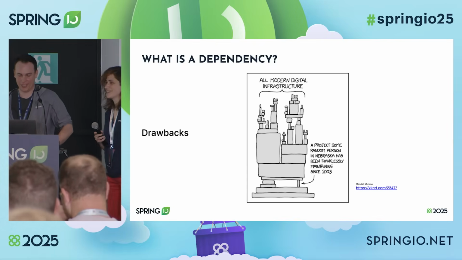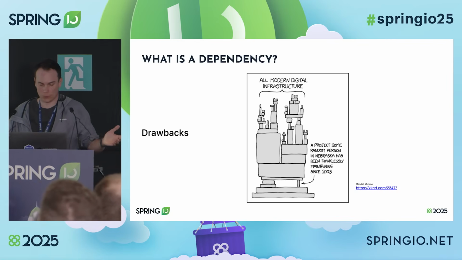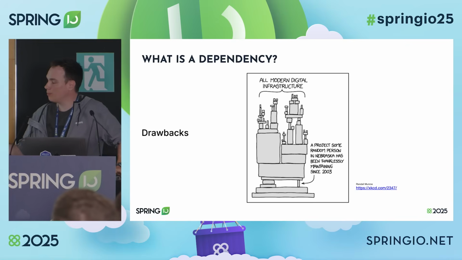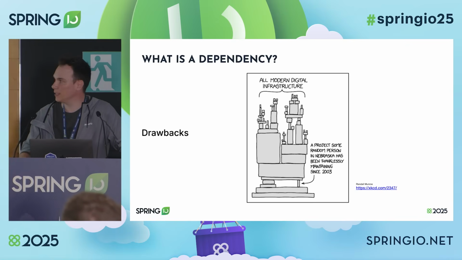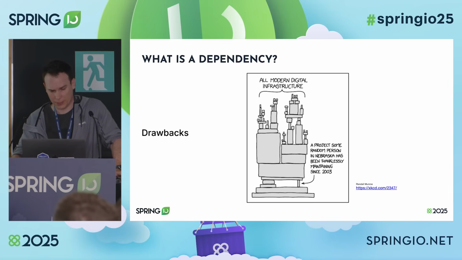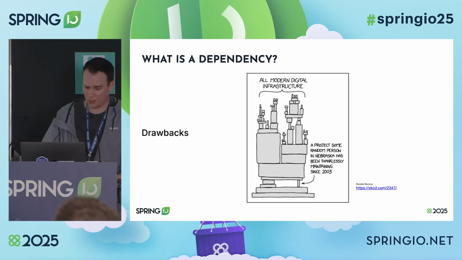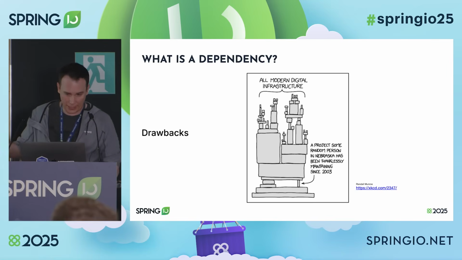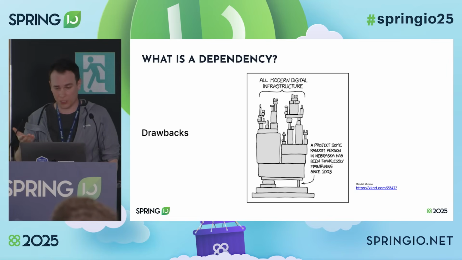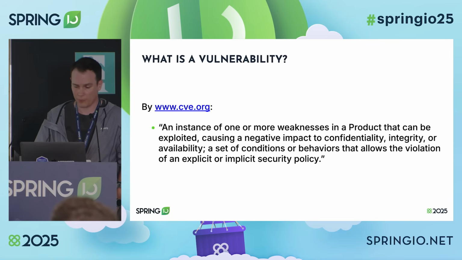Okay, so I'll take care then of the boring part. We want to start from the beginning. Probably most of you already know what a dependency is. This is a definition given by Google Gemini. Everybody's using AI nowadays, so I thought, why not use it in this talk as well. It's a good definition: a relationship between software components where one component relies on another to function correctly.